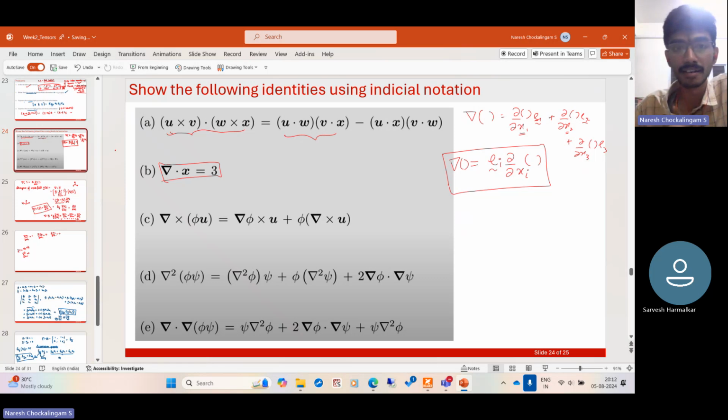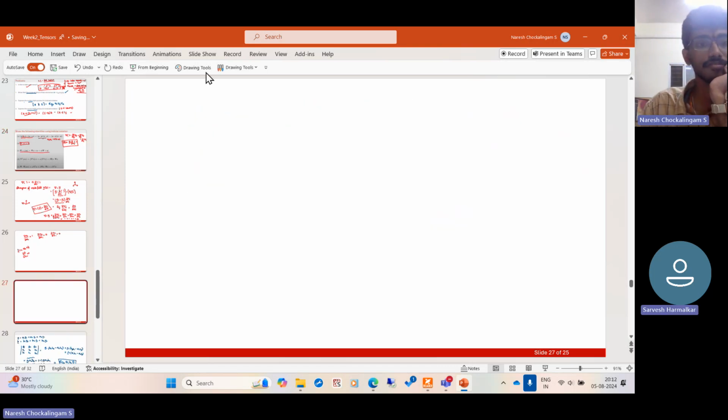When you get terms like U_k W_k, write it as U dot W. And when you have a cross product, use the epsilon identity. So maybe in 2 minutes I can do this. This is probably shorter. No problem for me.